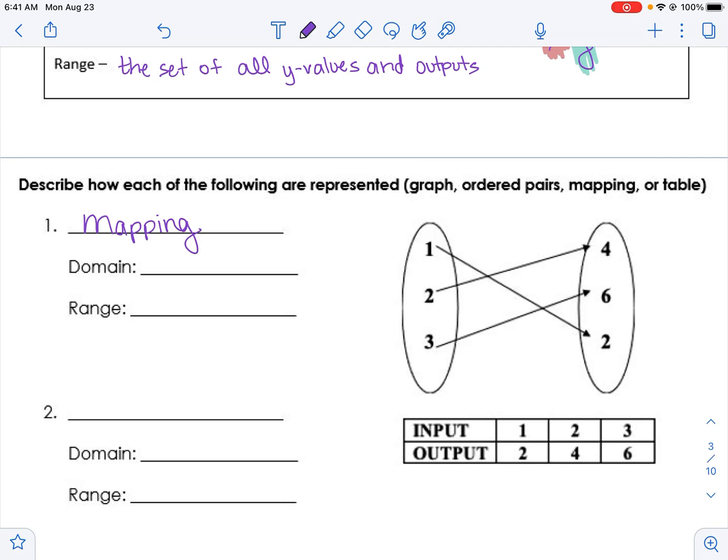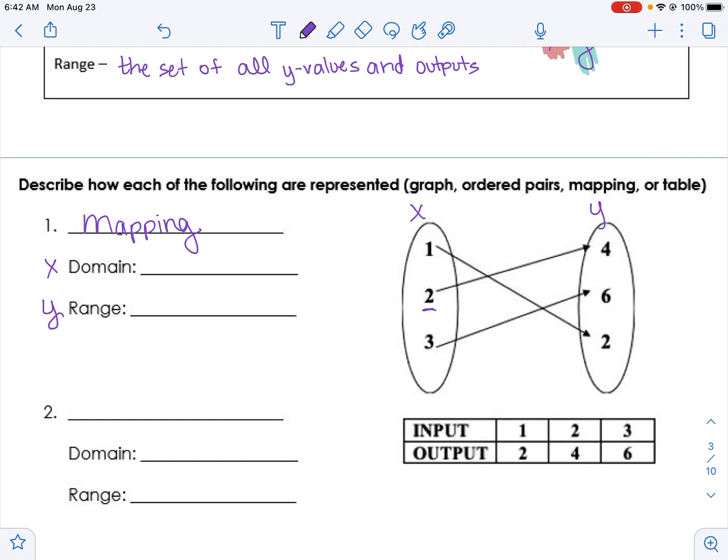If you notice, the mapping has an arrow going from one number to the other. So our input, which would be our x values, is 1, and the output, or our y values, is 2. Okay, if we look at the second one, 2 is going to 4, and then 3 is going to 6. So again, our domain is our x values, our range is our y values.